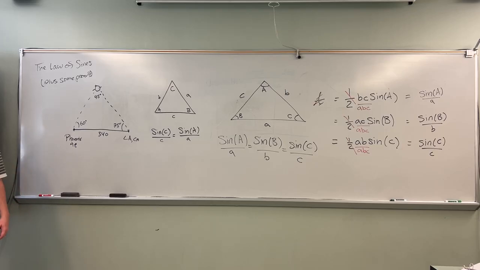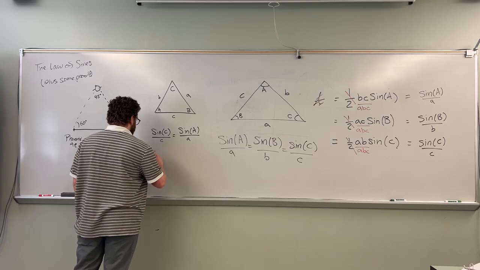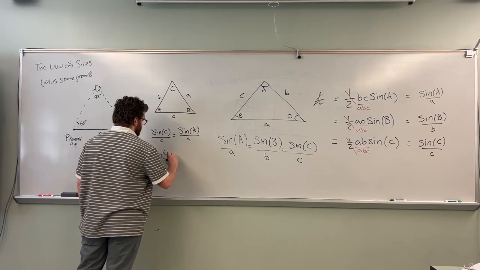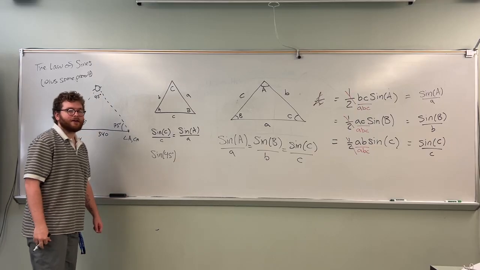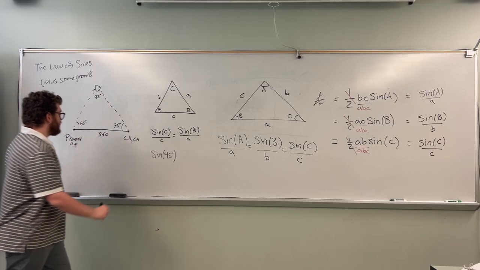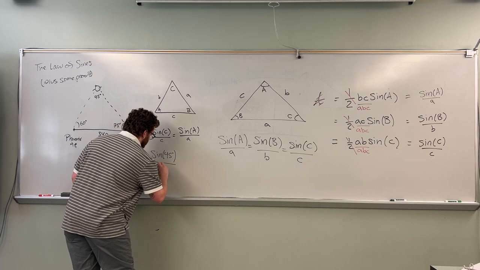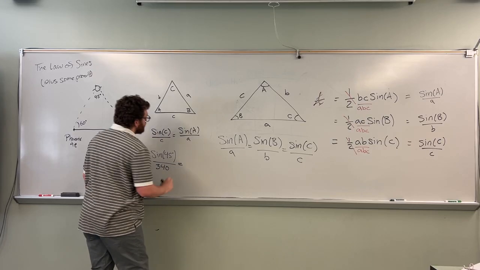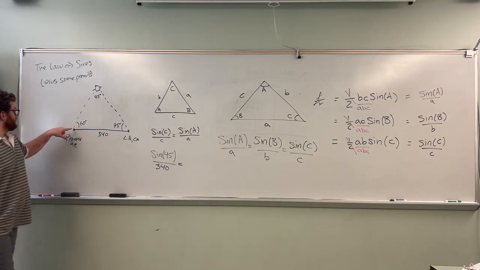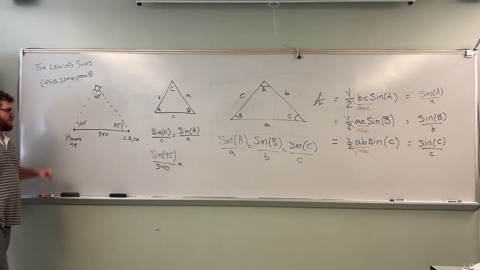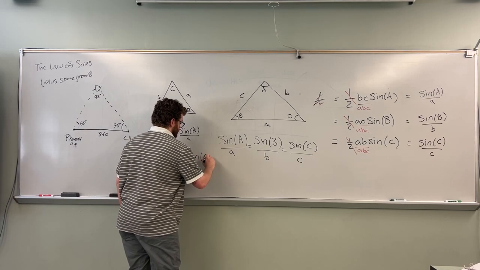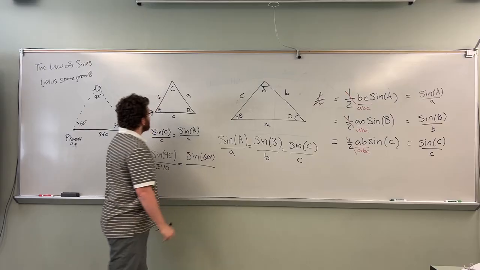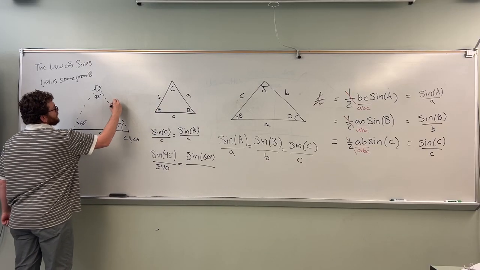Now I can just plug in my known information. C is 45 degrees. It's important to notate that we're using degrees, so when we plug it into our calculator, we have it in degrees. Over side length C, which I said is 340, is equal to sine of A, capital A is 60 degrees, over side length A, which is what we're trying to figure out.